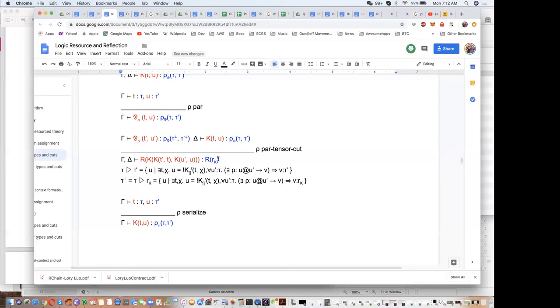So in the case of the rho calculus, the identity is 0, right? What that means is, you could think of it as termination, because that's what 0 means, but really what it is is isolation.